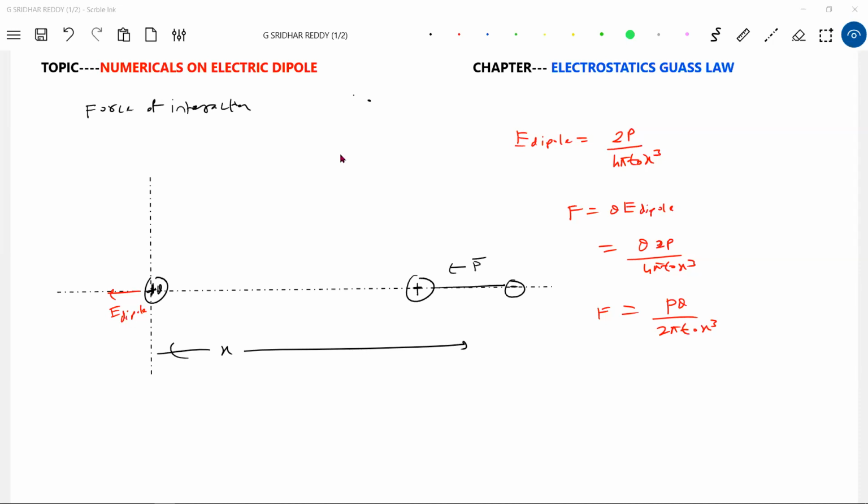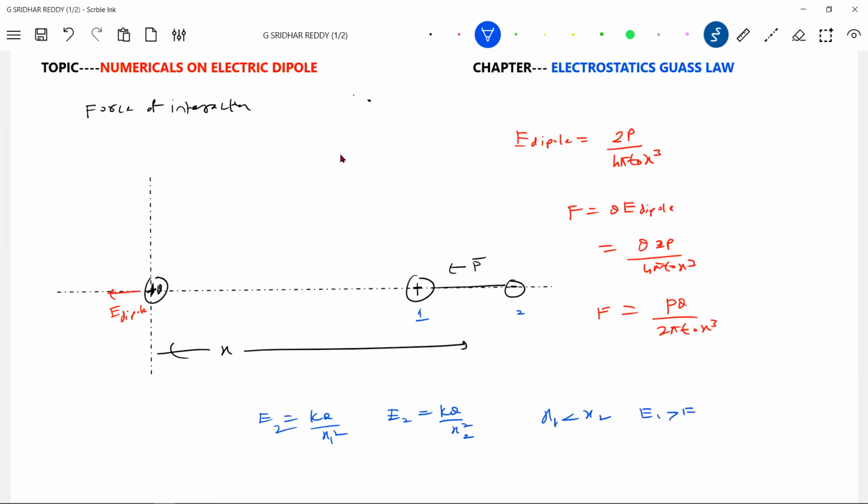Okay, there's a method of finding the force of interaction. We can also do it either way. I'll assume the field strength due to this positive point charge is towards the right. So here, the positive charge will experience more force than the negative charge. The reason is that the field strength due to the point charge at 1 will be more than at 2. Let me write the symbols 1, 2: due to the point charge, E1 equals KQ by x1 square, E2 equals KQ by x2 square, x1 less than x2.